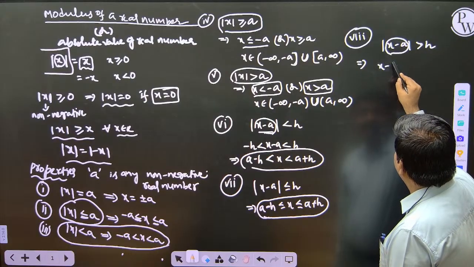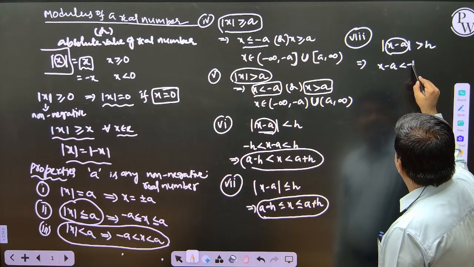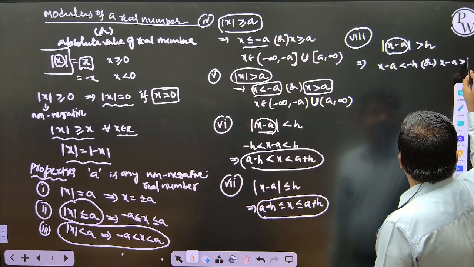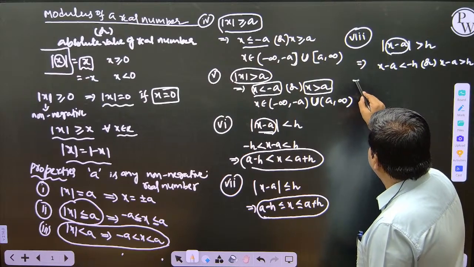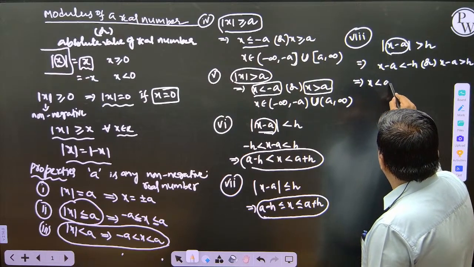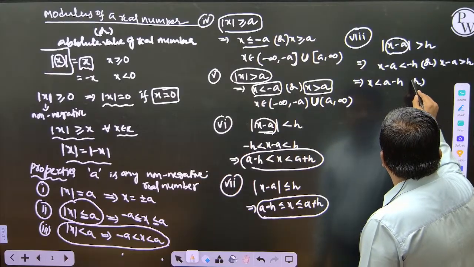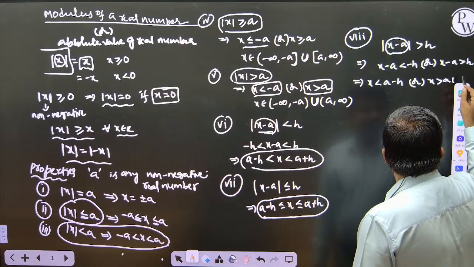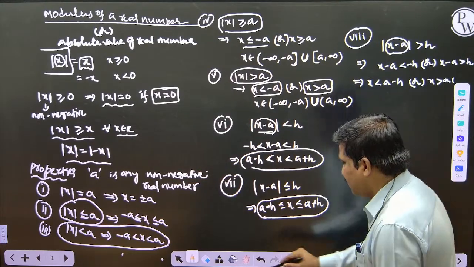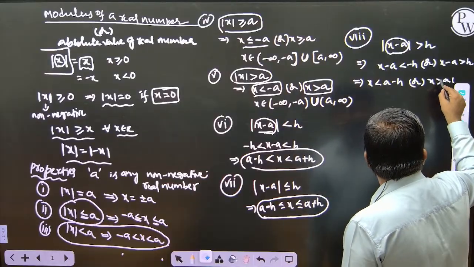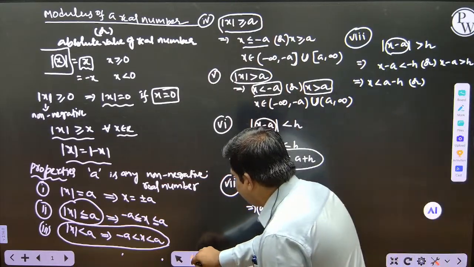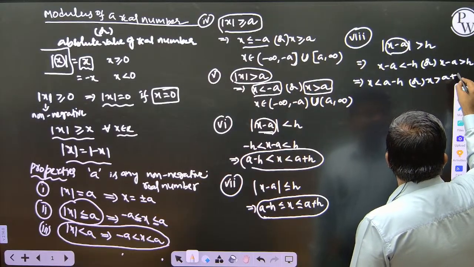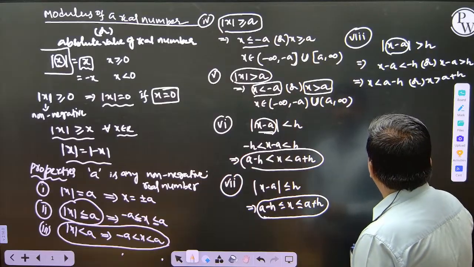So it can be written as x minus A less than minus h, or x minus A greater than h, or not? It implies x is less than A minus h, or x is greater than A plus h. That is the eighth one.